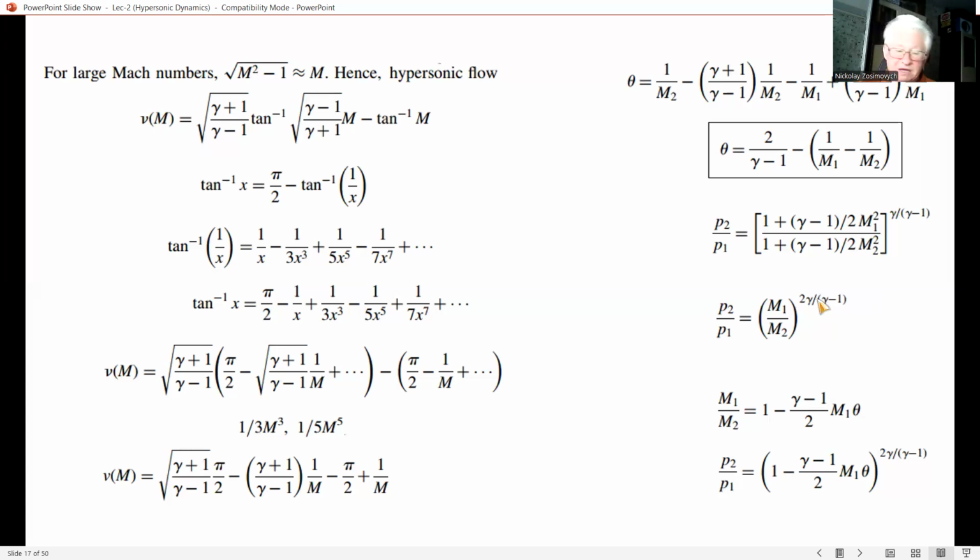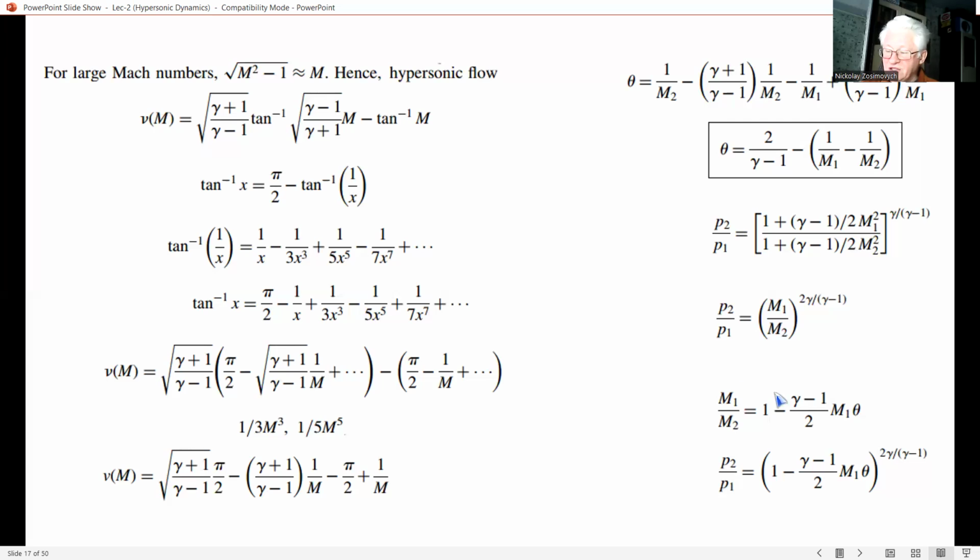Rearranging this expression, we can get another one: M1 over M2 gives us 1 minus gamma minus 1 over 2 times M1 times theta.